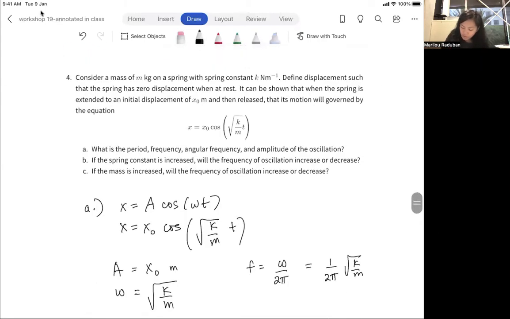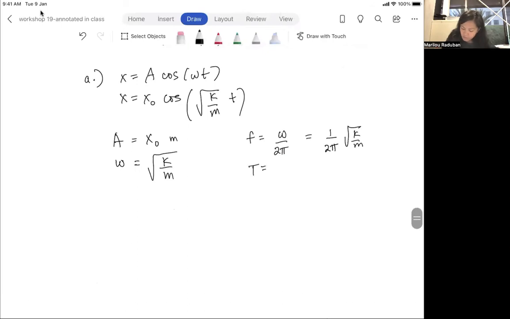And period is the inverse of frequency. So we just flip the frequency from the previous question. So flip 1 over 2 pi, that will give you 2 pi. Flip k divided by m, that will give you m over k. Okay. Right. So period is just flipping the frequency. And that's that.